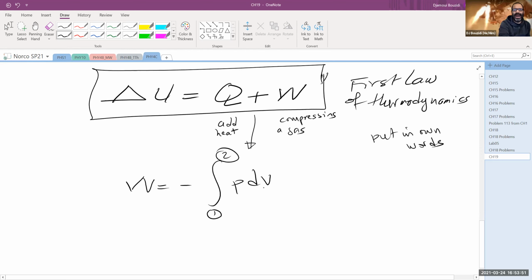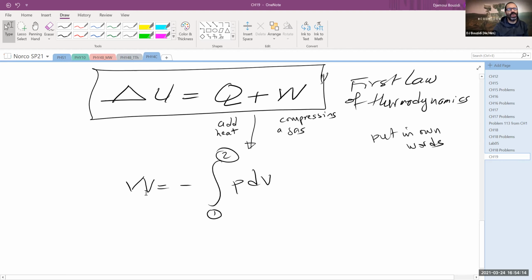The minus is natural: if dV is negative, minus negative is going to be positive, so the work is going to be positive. If dV is negative, I'm compressing it, making it smaller and smaller. So if I multiply it by negative, that's going to be a positive.